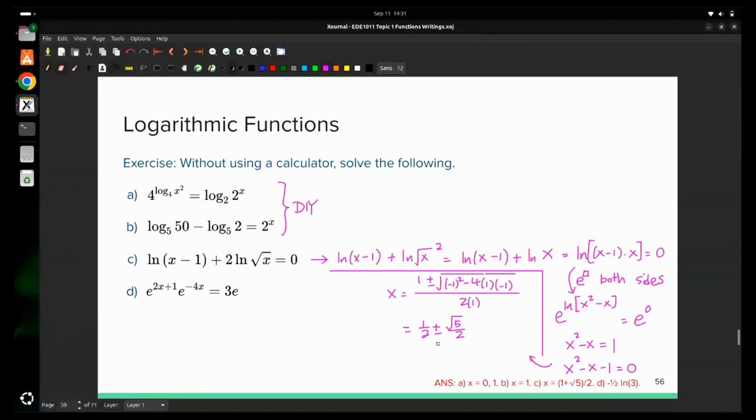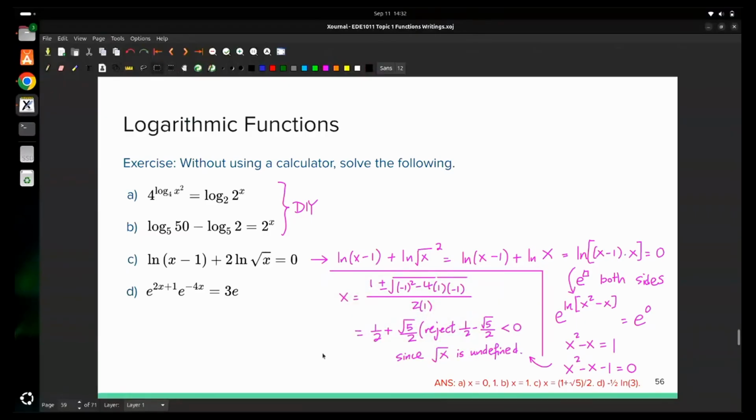So remove the minus. I'm just going to put here, reject half minus root 5 over 2. Maybe I put the reason here, because you really get a negative number when you have minus. Any questions? So basically just solving using the laws of logarithms in the earlier slide, and then just trying to get the x. There'll be more practice questions in the tutorial.